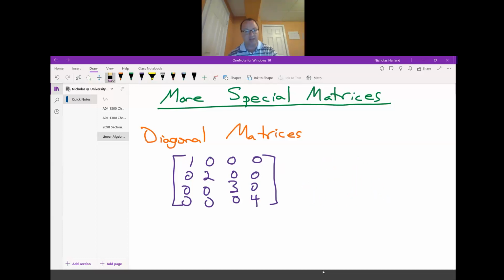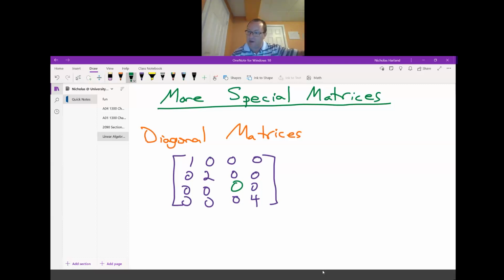Now, one thing to be careful about, just in terms of that definition, is that there's no rule that says you have to be non-zero along the diagonal. So in this case right here, we still have a diagonal matrix. If there are non-zero entries, they occur along the main diagonal, but that doesn't mean you can't have zeros.